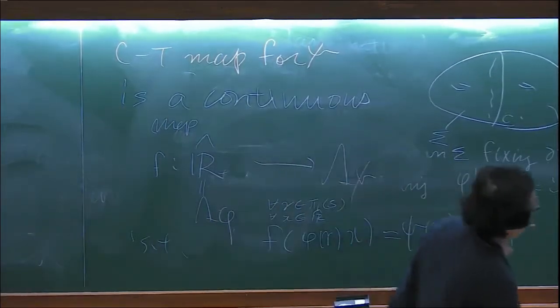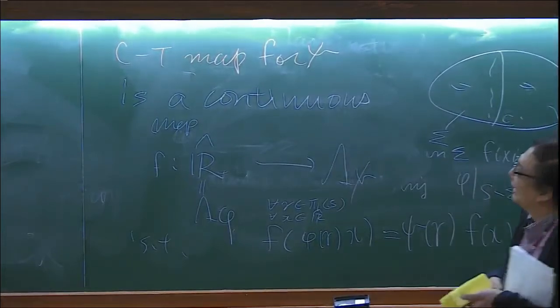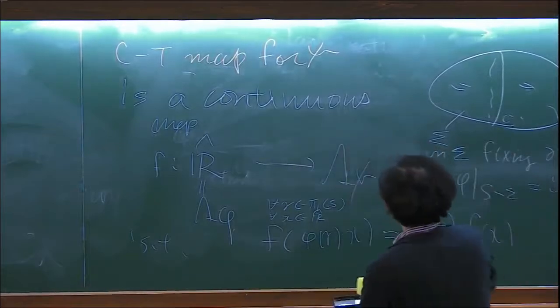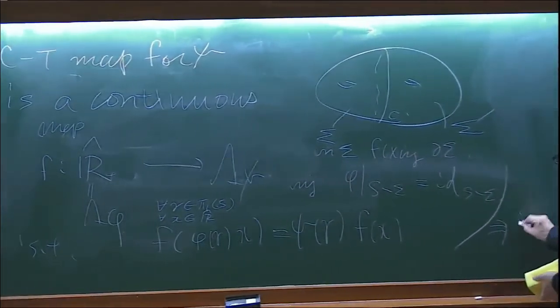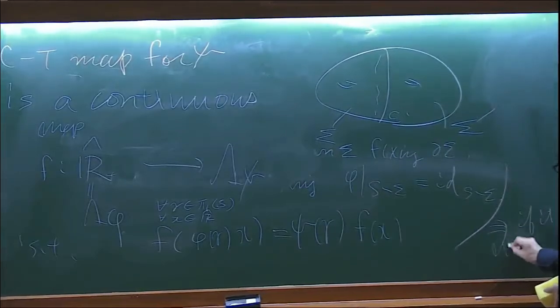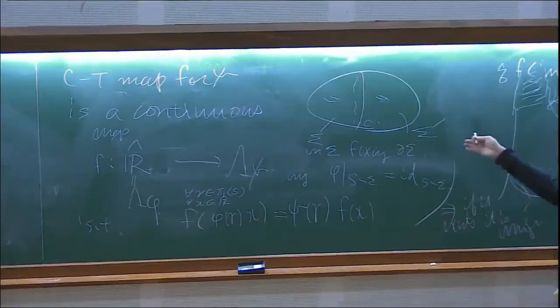Then it's called a Cannon-Thurston map. We don't know if it exists or not, but if such a map exists, then it's called a Cannon-Thurston map. And by this condition, it's rather easy to show that if it exists, it must be unique. But we don't know yet if it exists or not in general.